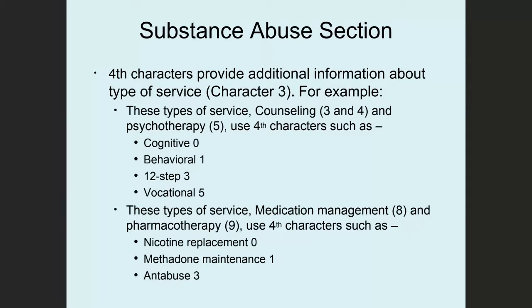This will further clarify what kind of counseling, what kind of psychotherapy. For medication management and pharmacotherapy, the fourth digits are such as nicotine replacement, methadone maintenance, and Antabuse. So it further defines the medication being managed or the type of pharmacotherapy being used.